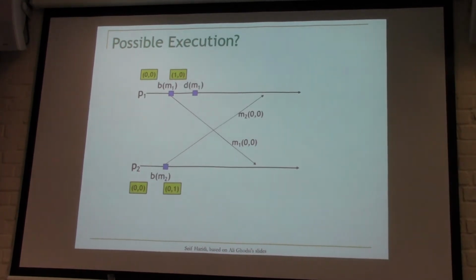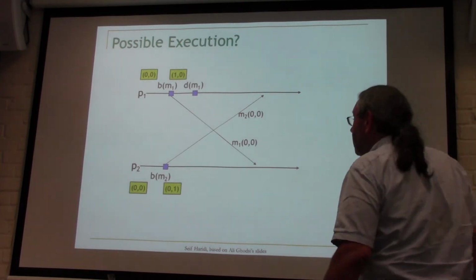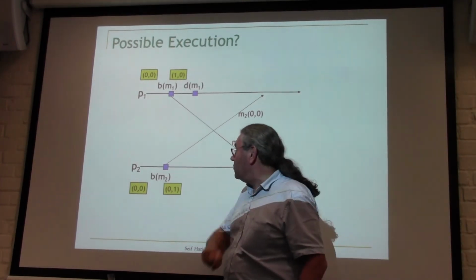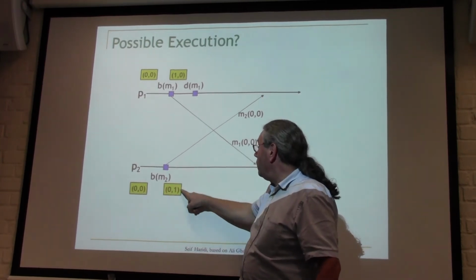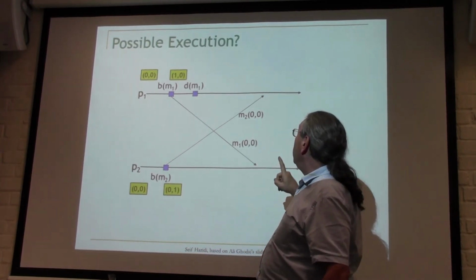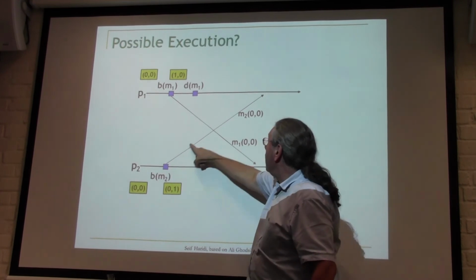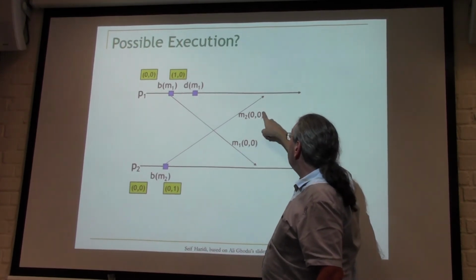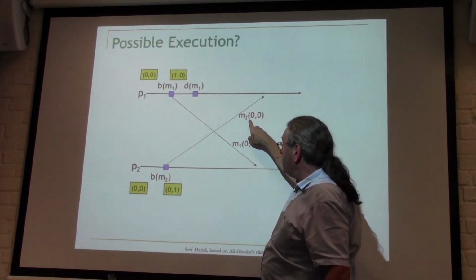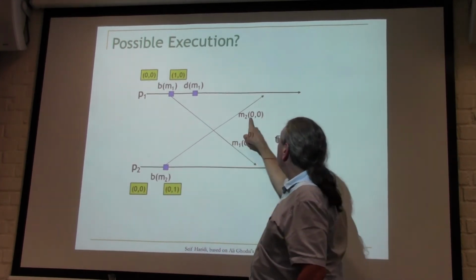It delivers there. Now, just to make it interesting, let's say P2 does a broadcast. The local vector clock becomes 0, 1. This one is sending a message M2 to P1 with the past being 0, 0.